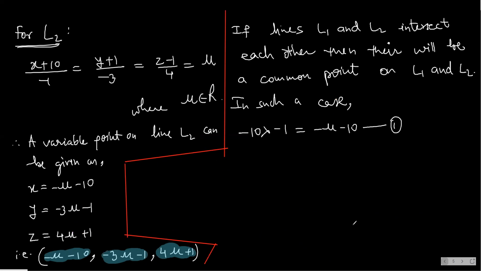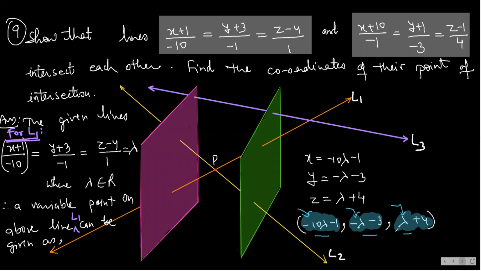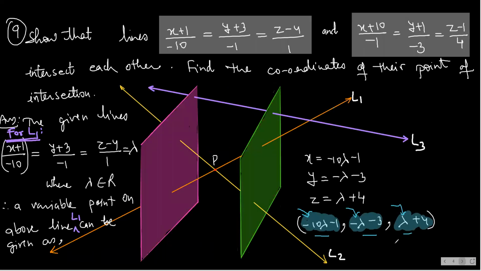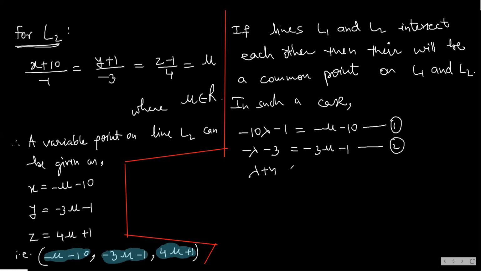Further, minus lambda minus 3, because that Y coordinate should be equal to this Y coordinate, minus 3 mu minus 1, and lambda plus 4 equals 4 mu plus 1. This is 3.